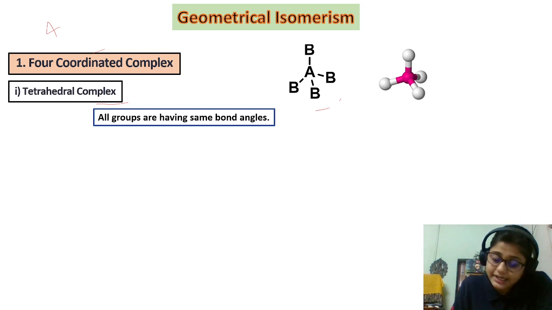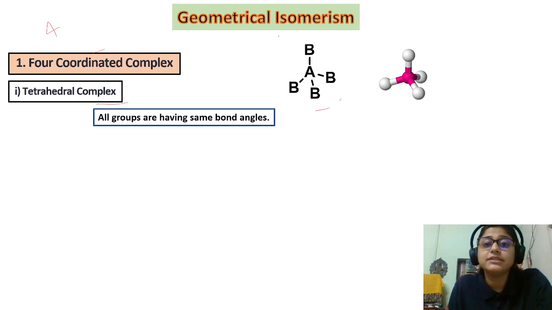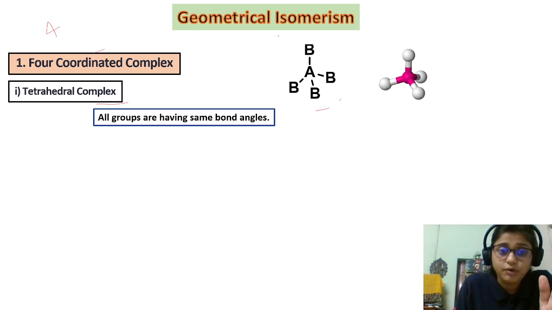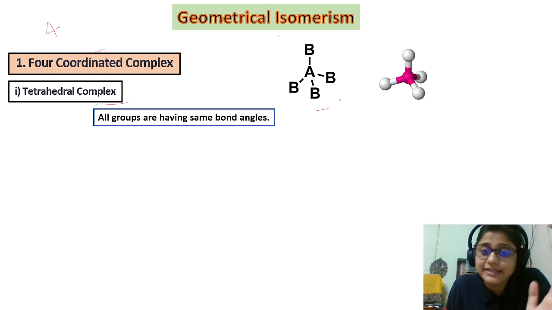Yes, geometrical isomerism is a part of stereoisomerism, where we are mainly studying the angles between the bonds or between the atoms. The angles actually matter.